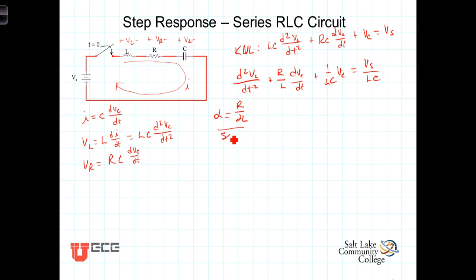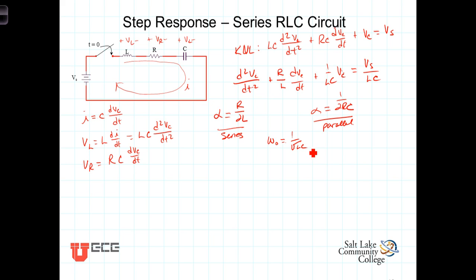That's it for series. And just to review and tie them both together, alpha equaling 1 over 2RC is the alpha for the parallel. And that's the main difference. In both cases, omega naught is equal to 1 over the square root of L times C.